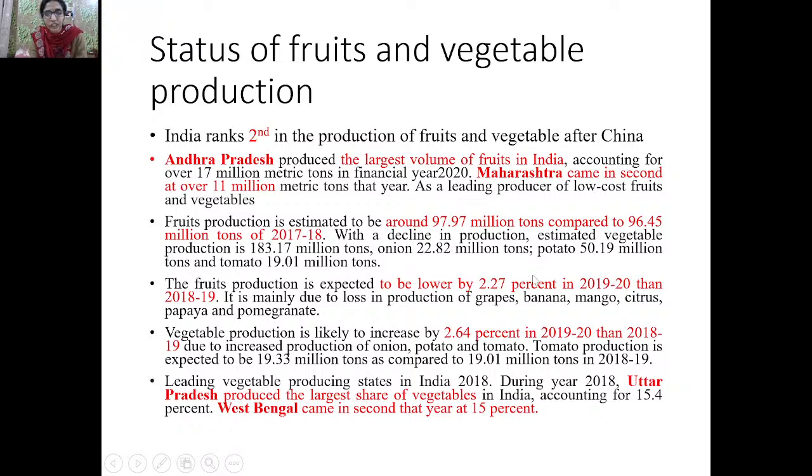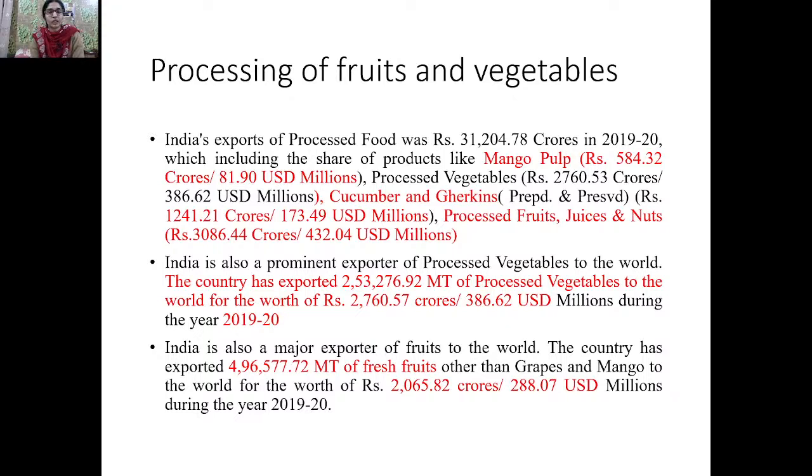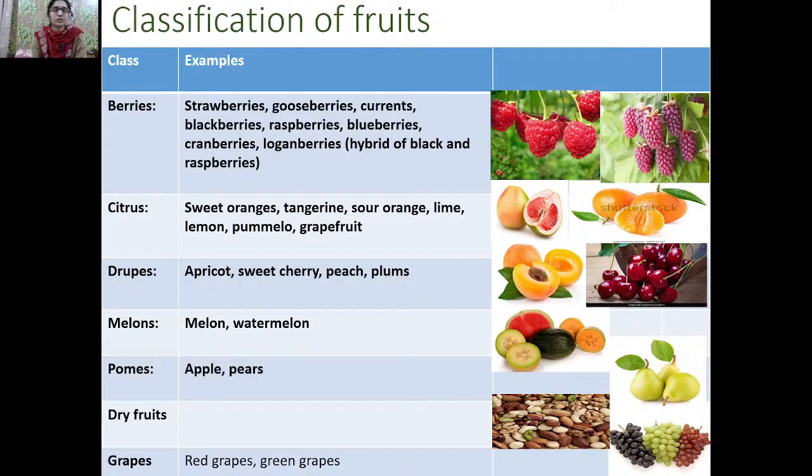This definitely we have to study in detail, what our current production of the fruits and vegetables is and which state excels, which we will be studying when we do our regular classes. So this is the processing aspect, as I have already discussed that we lack in the processing.